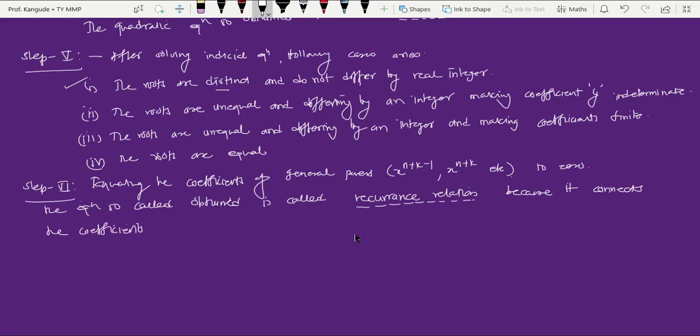These coefficients are a0, an plus 2, or an plus 1, etc. Several different types of coefficients are there: an, an plus 1, and an plus 2. So if this is even, this will be odd; if this is even, this will be again even. So odd and even coefficients are connected with each other. That is called the recurrence relation.